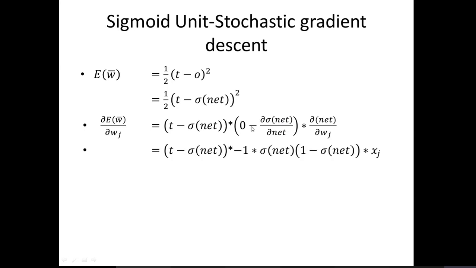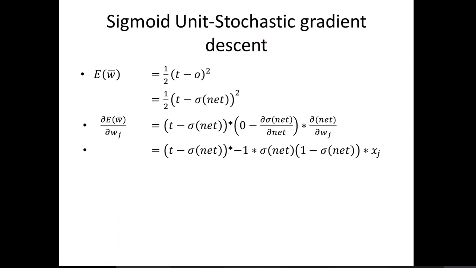Now if we expand this chain rule, (T minus sigma of net) into minus 1, and the derivative of the sigmoid function, just now we have seen, is sigma of x into (1 minus sigma of x). So sigma of net into (1 minus sigma of net), and the derivative of the network sum with respect to Wj. What is the network sum?